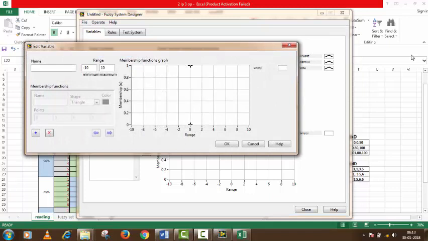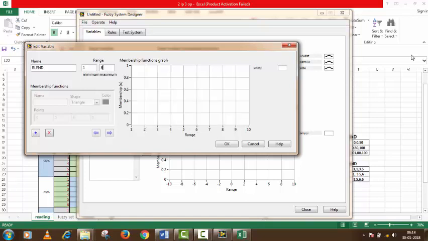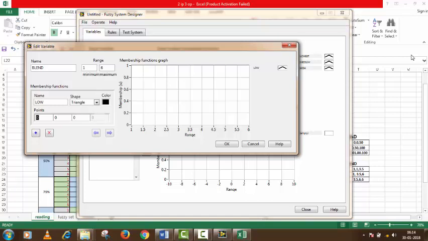Next load, next one is blend. The range is 1 to 6. So low is 1, 1, 3.5.